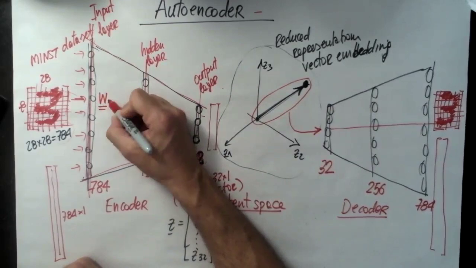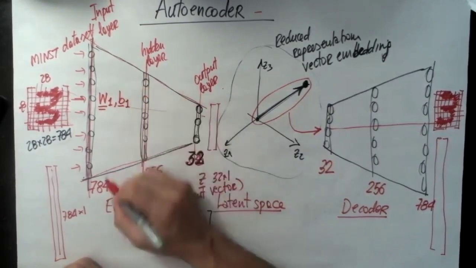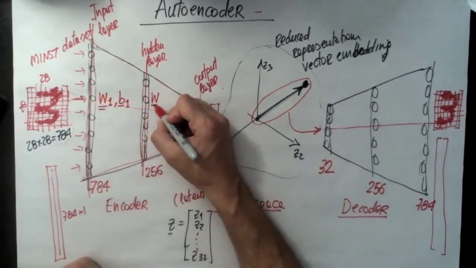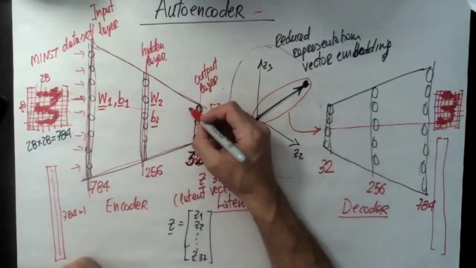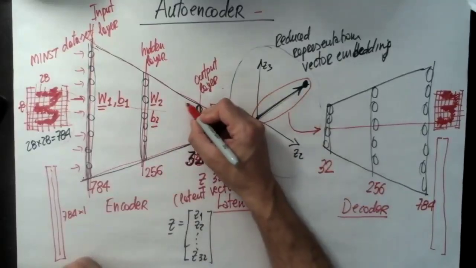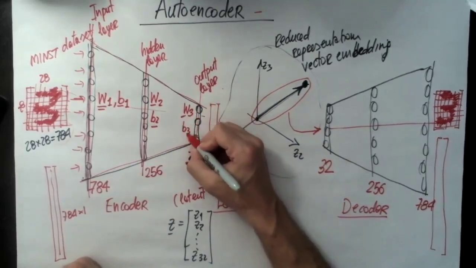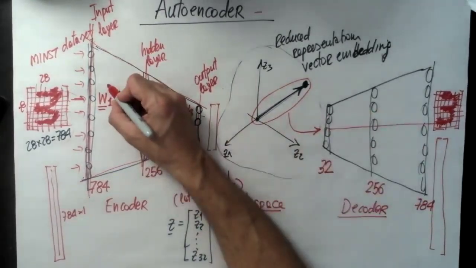And of course, both the encoder and the decoder include weight matrices and bias vectors. This is one for this layer, then we have another one for this layer. And then there is also the weight matrix for the third layer. And similar here, so this is the encoder.